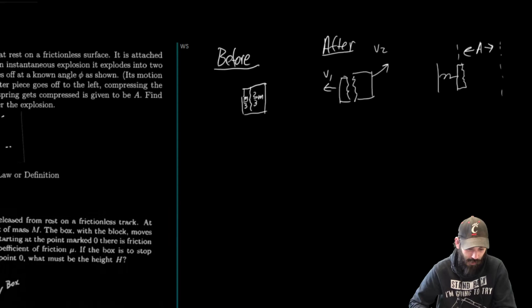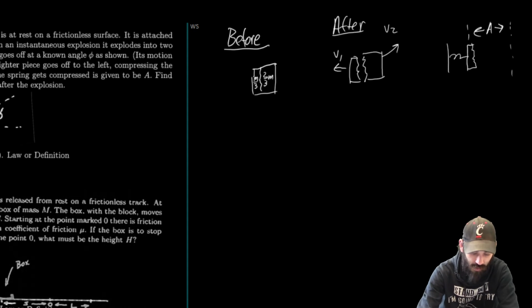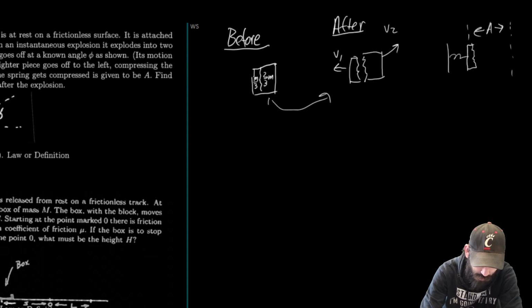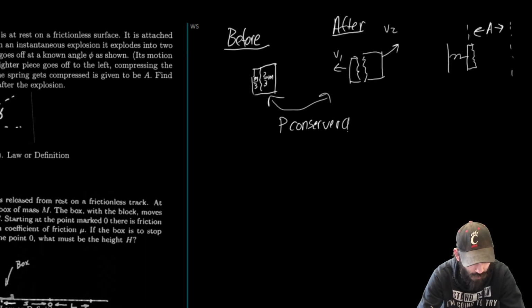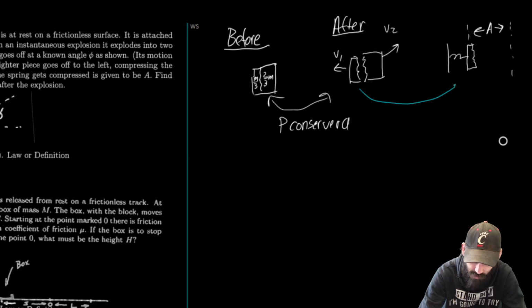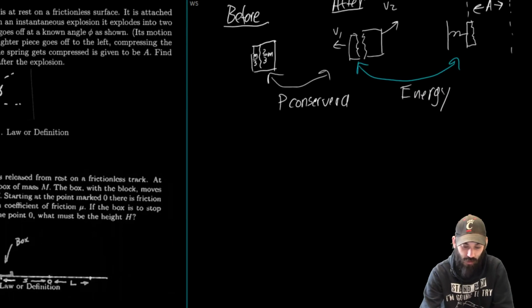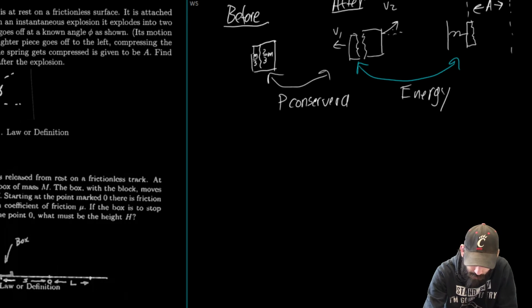We know that momentum is going to be conserved between the first two states, p is conserved. And for our mass that is a third of the mass, energy is conserved between these two. Energy is conserved, okay? So let's go ahead and set this up.